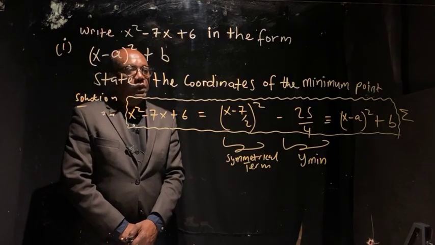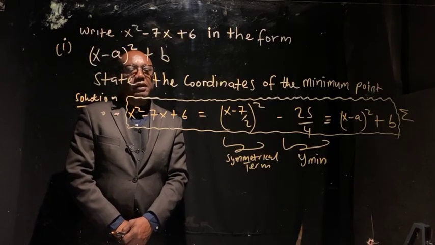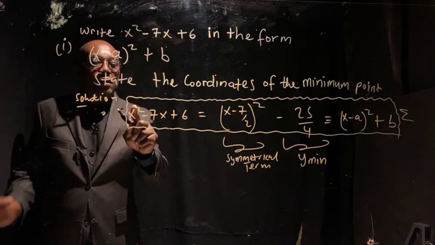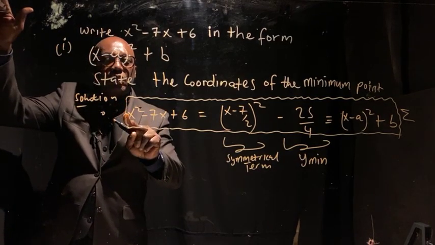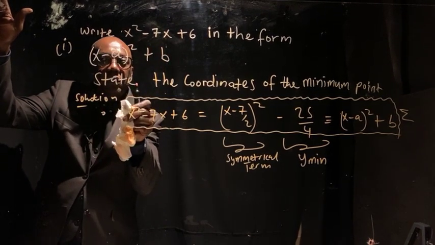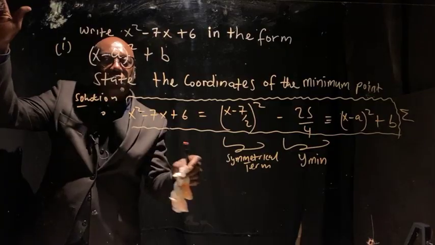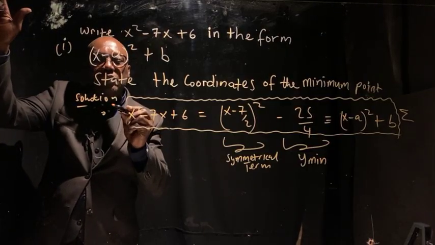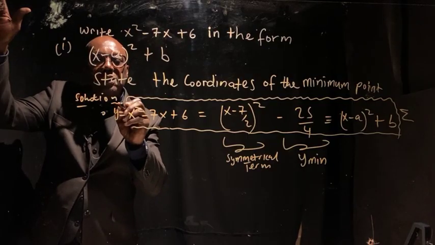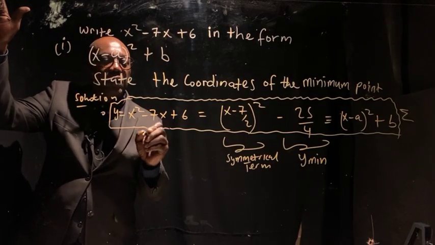State the coordinates where the graph will pass through the axis. We shouldn't forget that we will use this same equation. This equation is equal to y. This is the equation of the curve.